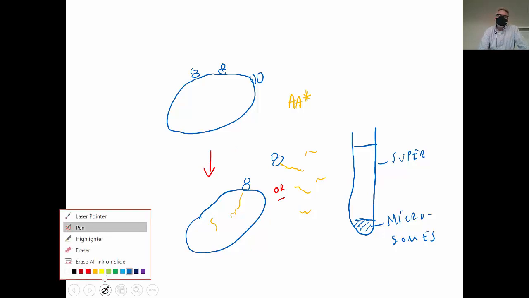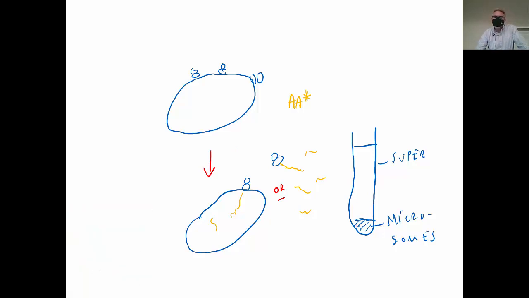Well, it turned out that the radioactivity ended up here in the microsomes. That's where the proteins were located. And so this was how they demonstrated. This was work done by Sabatini, and the second name escapes me at the moment. And so this demonstrated that as the protein is being made, it is directly passed into the ER lumen. So that was a little experiment that was done to show that.